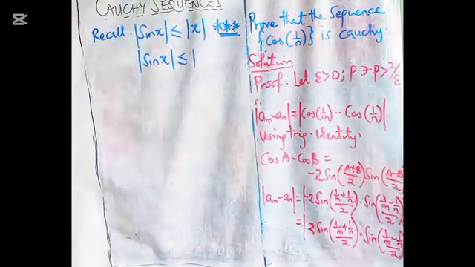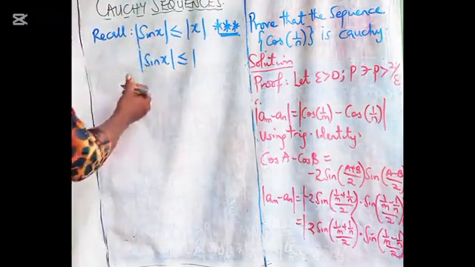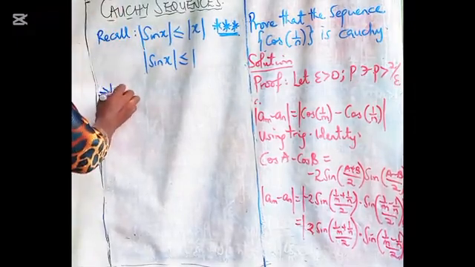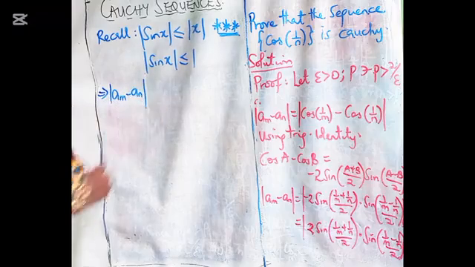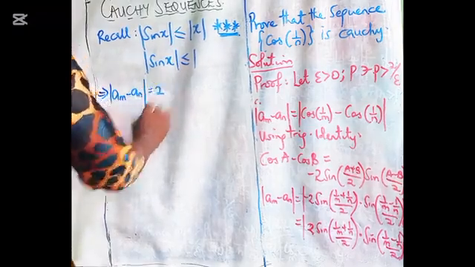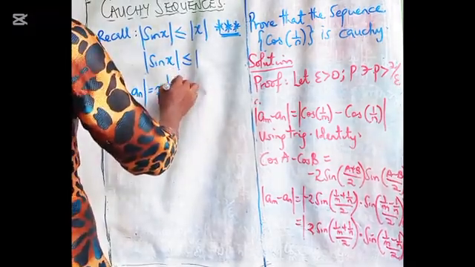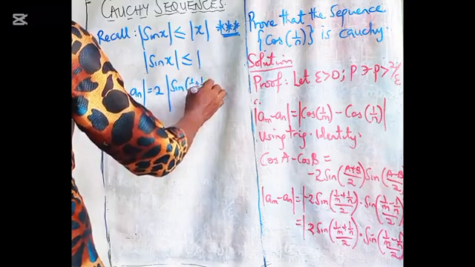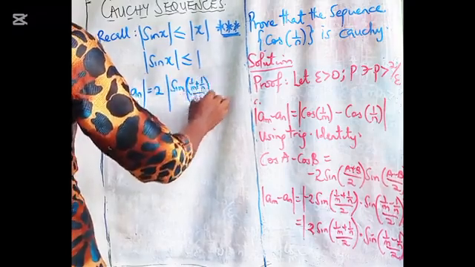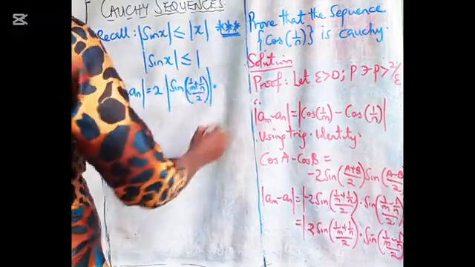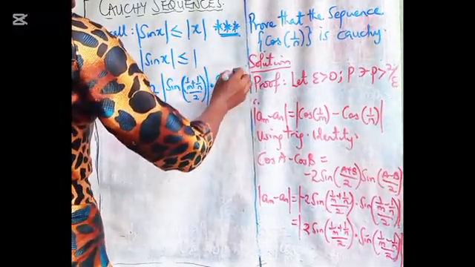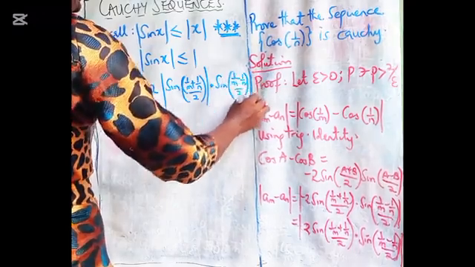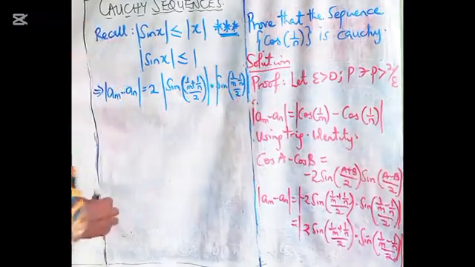So making use of that identity, it implies that the absolute value of a sub m minus a sub n will be equal to 2 into the absolute value of sine (1 over m plus 1 over n) over 2 into sine (1 over m minus 1 over n) over 2, also in absolute value.